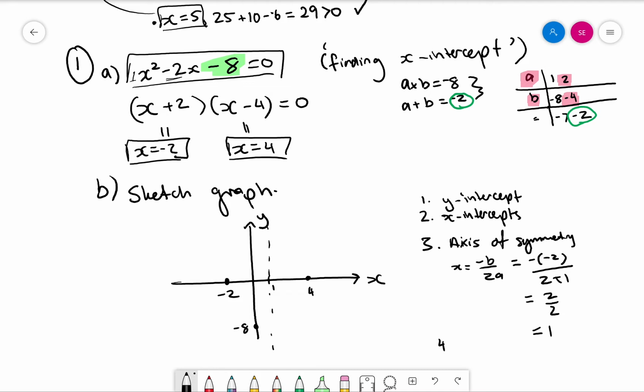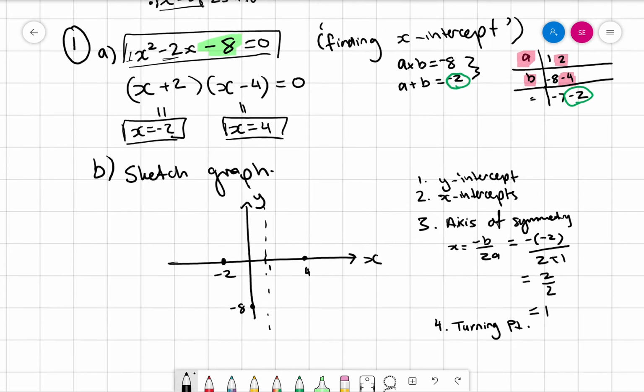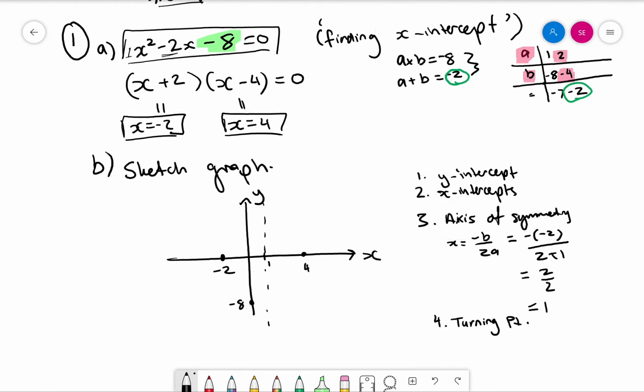And our fourth thing is finding our turning point. So again, we just sub this axis of symmetry value into our quadratic, which is y equals x squared minus 2x minus 8.